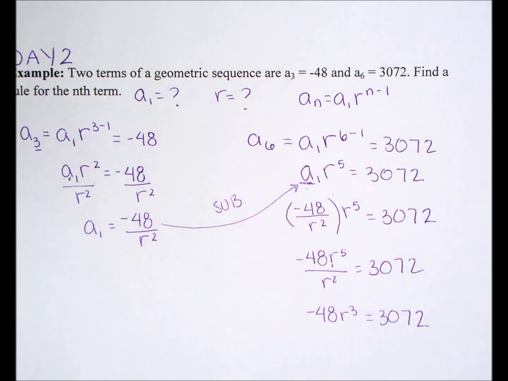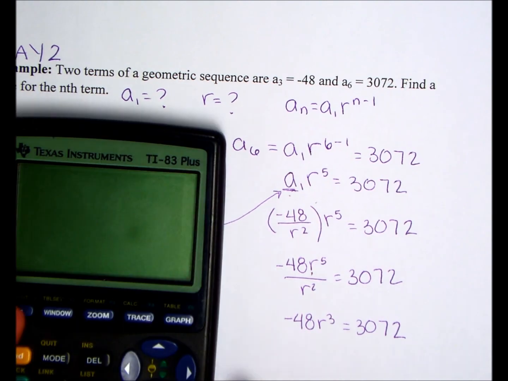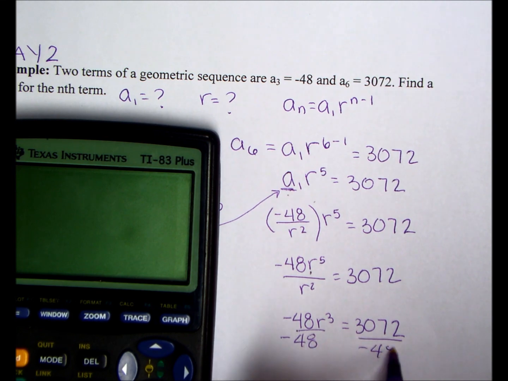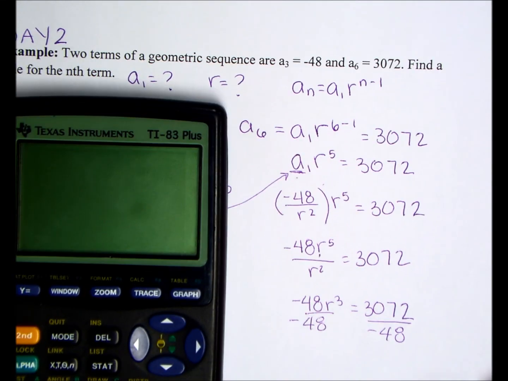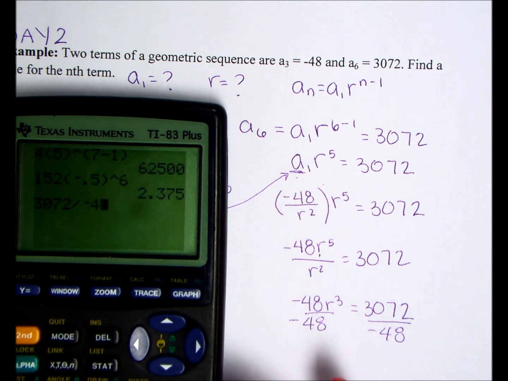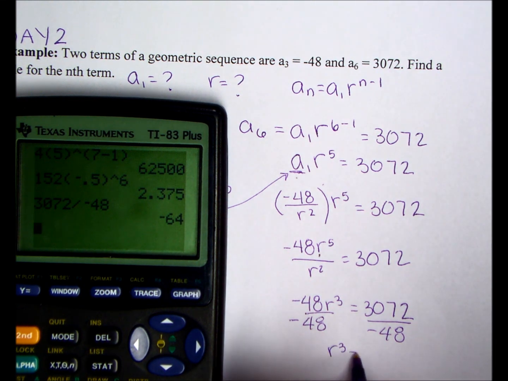Now that's really kind of nice. And this turns into a problem that I hope that we can do. So we can divide both sides by negative 48. Have your calculator ready. So we have 3072 divided by negative 48, and we get r cubed is equal to negative 64.